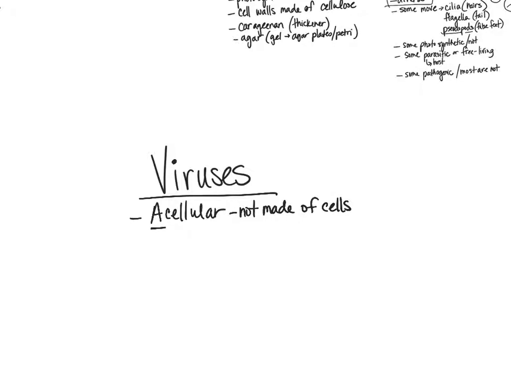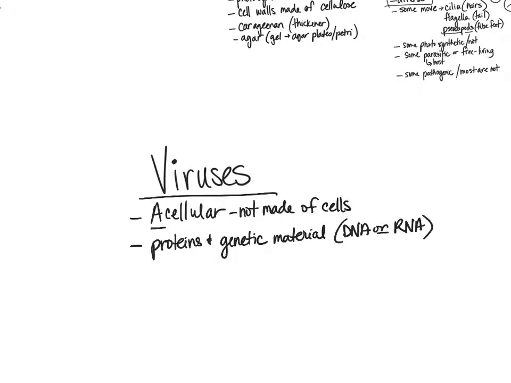So viruses are acellular. Their structure, then, they're made of proteins and genetic material. Now that genetic material can be either DNA or RNA. And it's never both DNA and RNA. It's only DNA or RNA, and we'll talk about these in more detail. So viruses are made up of proteins and genetic material, and that's it.